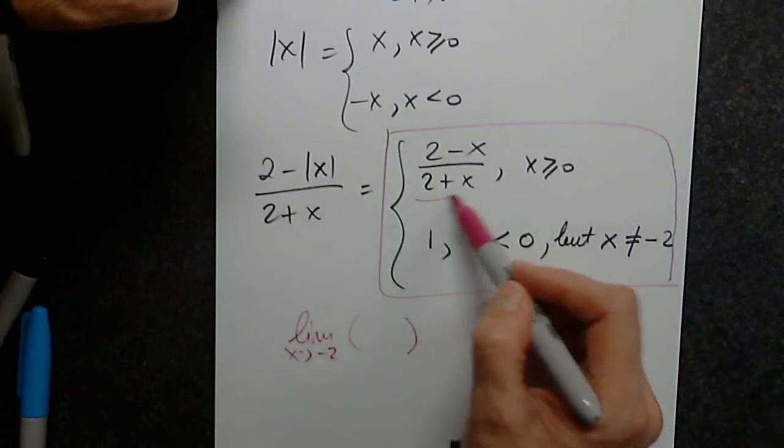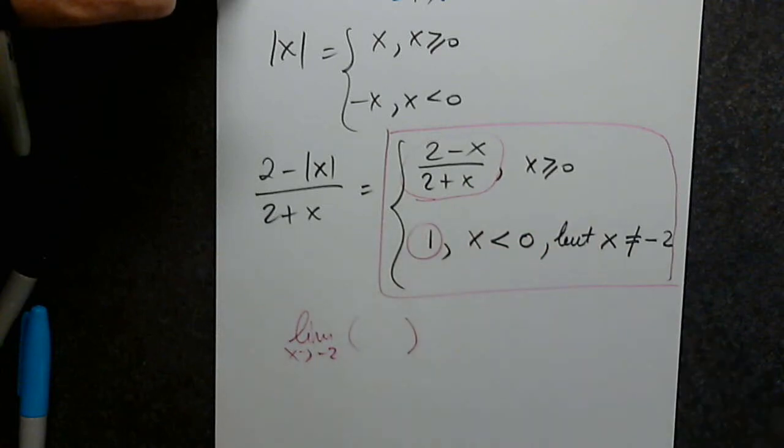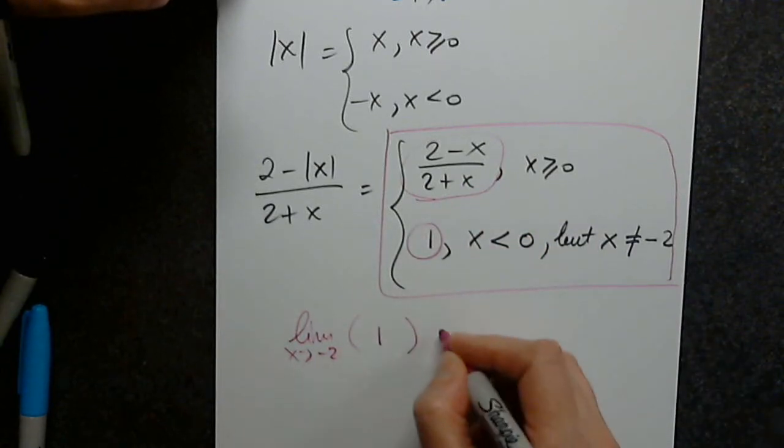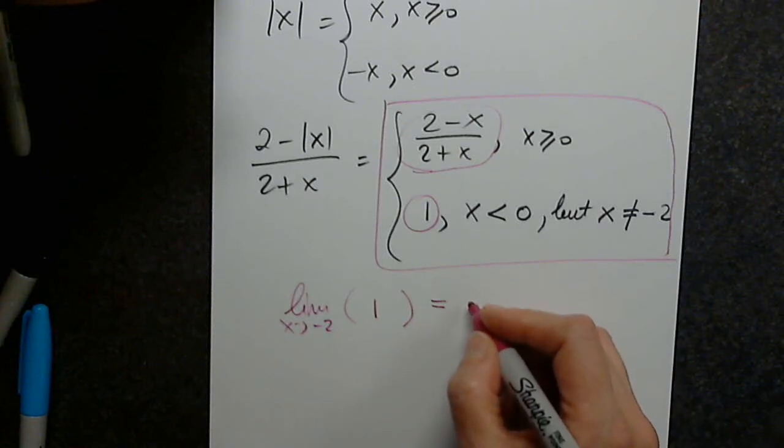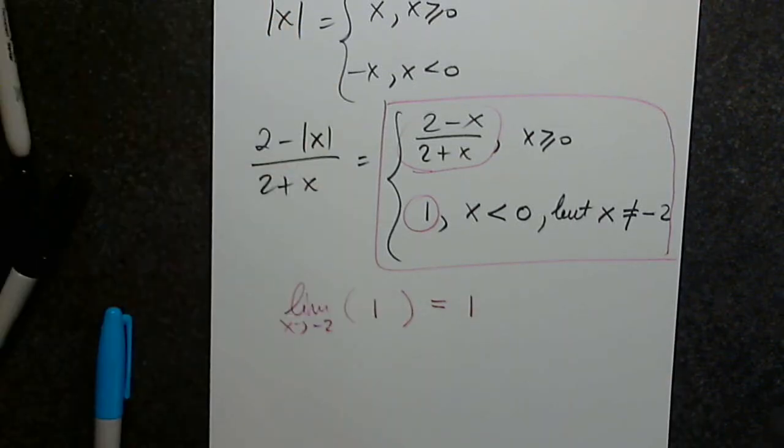Which branch? I have to choose either this or this. I cannot choose both. Yes. So then the answer is? 1. That's it. Very good. Very good. Questions?